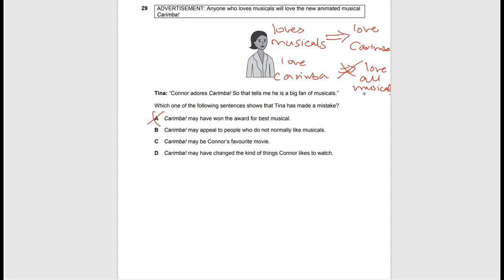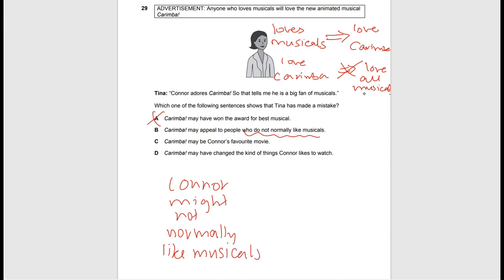B says, Karimba may appeal to people who do not normally like musicals. This is true, and it supports that Tina has made a mistake, because it says that Connor might not normally like musicals, but he might still adore this particular musical.